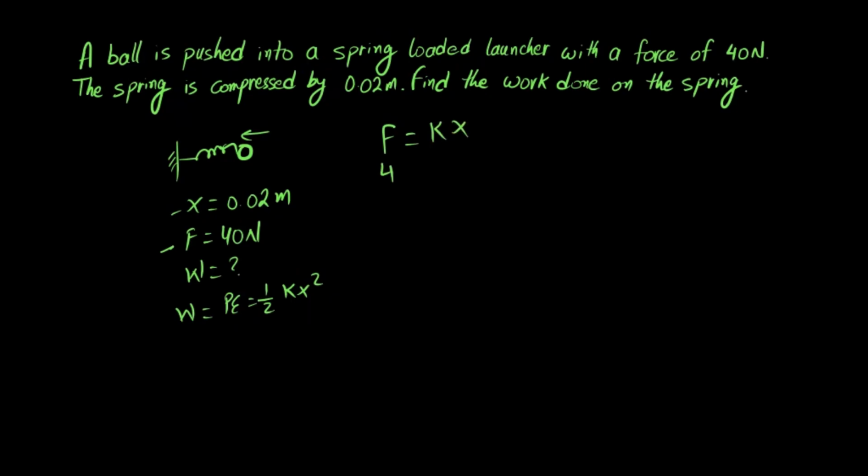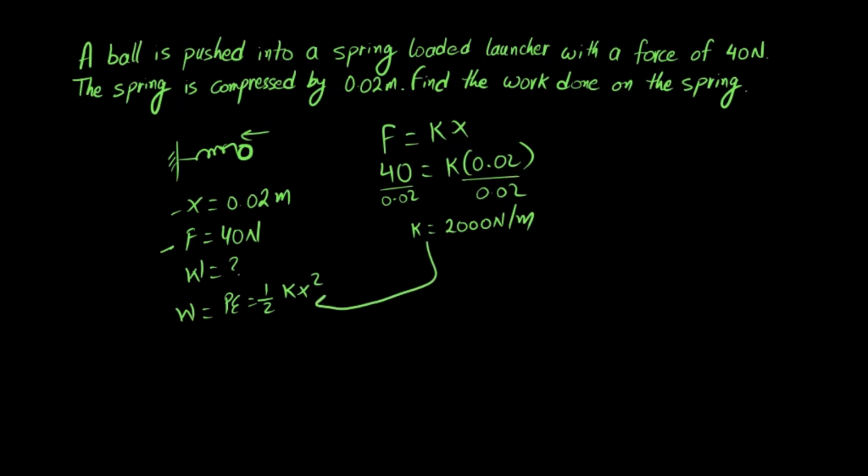So when we plug in the numbers, 40 is equal to k times 0.02. From here, you can divide both sides by 0.02 and you get k as 2000 newtons per meter.